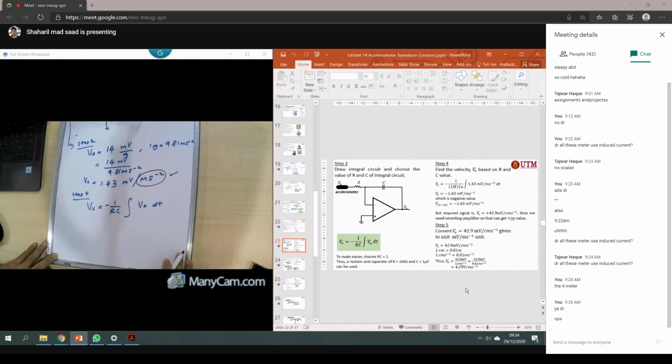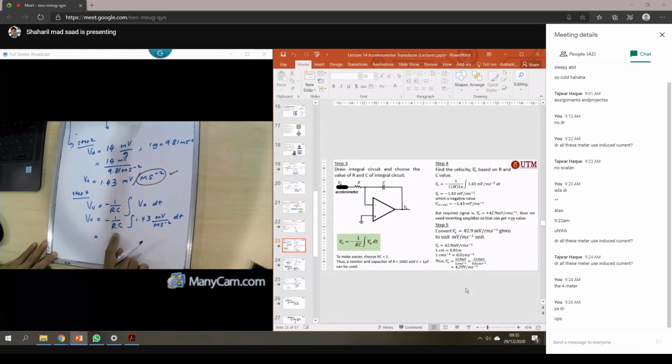VA value here is 1.43 millivolt per meter per second squared. So this is your VV.